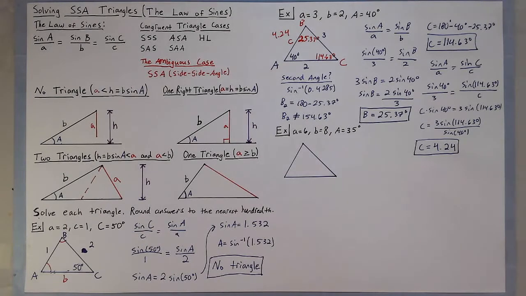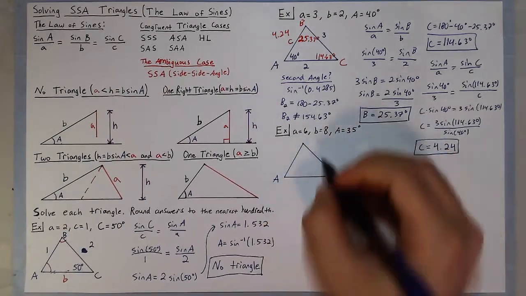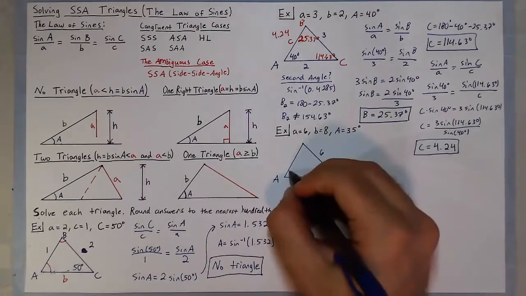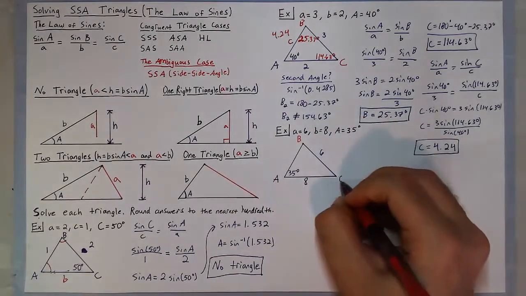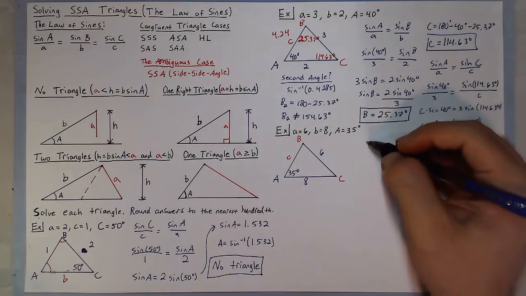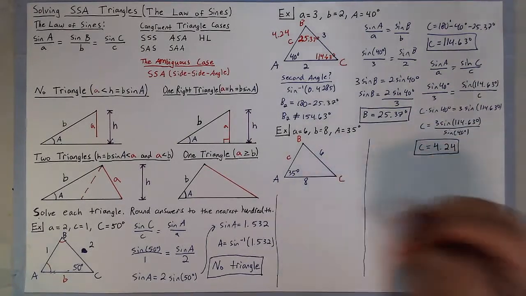So again, I'm going to label everything I know. So I know angle A, side B, but I do not know angle B, angle C, or side C. So I'm going to split my work in 2 parts.